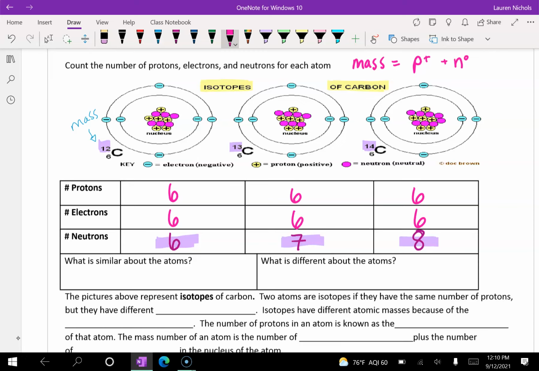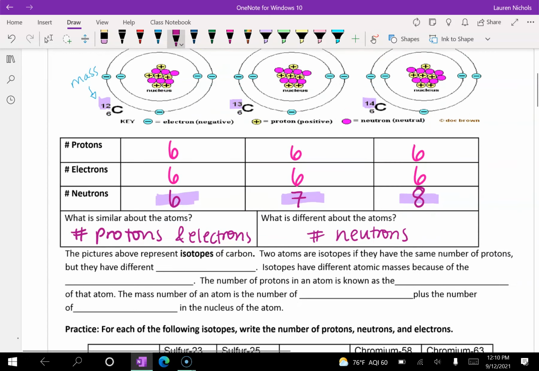So when we look at what's similar, we see that our number of protons and electrons are the same, but our number of neutrons is different, and this is what makes something an isotope.